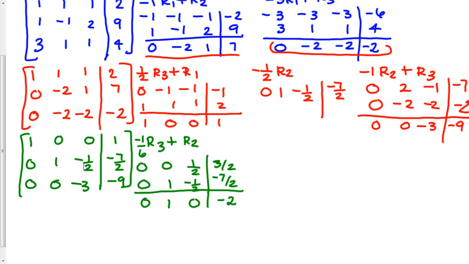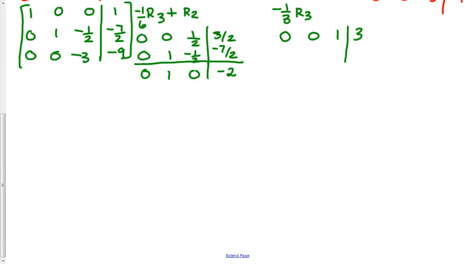That takes care of the 0 here. Now if I want to get rid of this negative 3, I'm just going to multiply by negative 1/3. So negative 1/3 of row 3 will give me 0, 0, 1, and negative a third times negative 9 is 3.